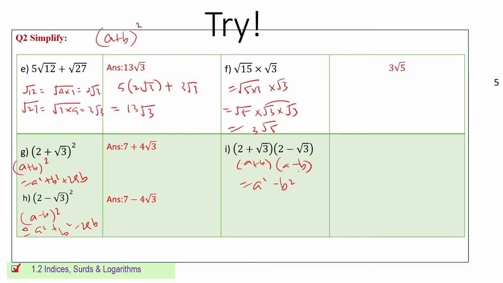This is to save some of our time or to avoid careless mistakes.